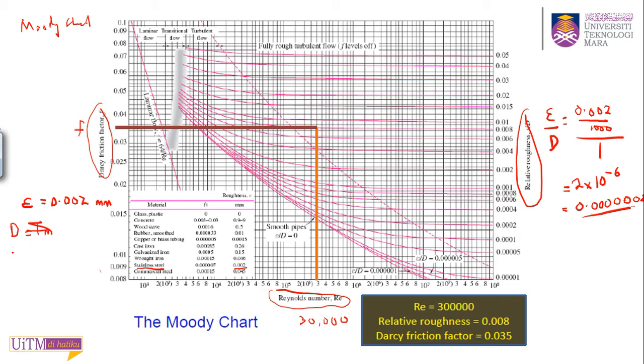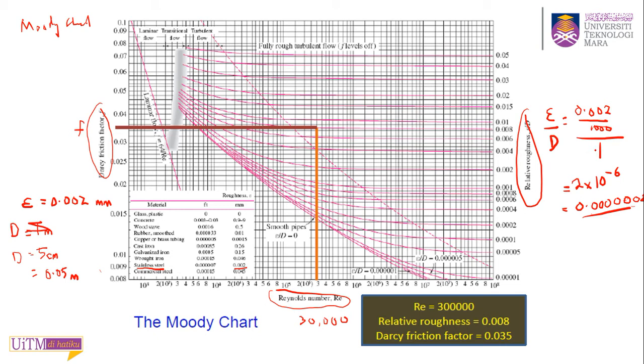Let's say the diameter of the pipe is, 1 meter is too big, that is not logical, so what is the most suitable value? 5 cm. The diameter of the pipe is 5 cm, so in meters that is 5 divided by 100, 0.05 meter.